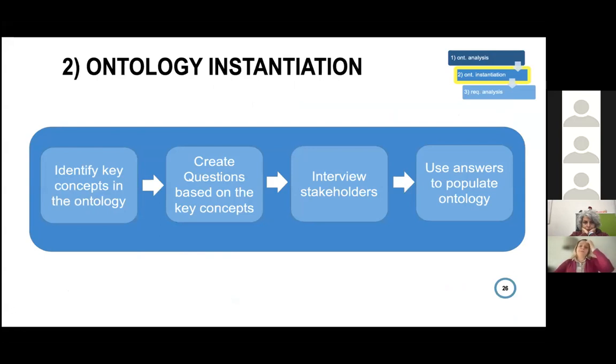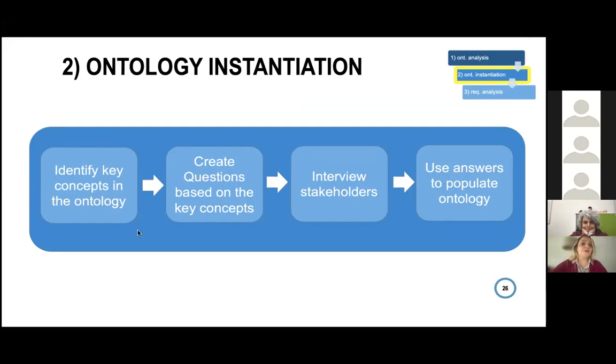Okay, so having made this part of semantic clarification, which is the part of ontological analysis, we move to the second phase, which is the ontology instantiation. And in this part, we already ask for the participation of the requirements engineer, because this is where he is going to get the ontology and use it to guide the requirements analysis of the system.